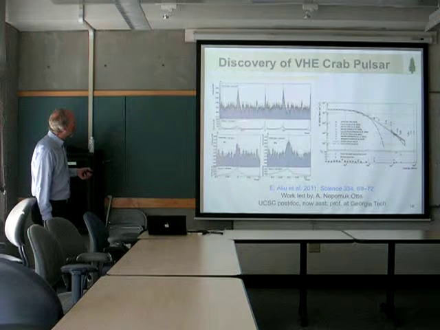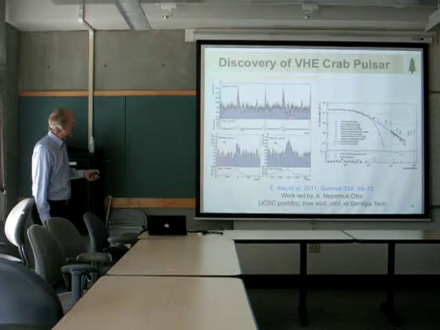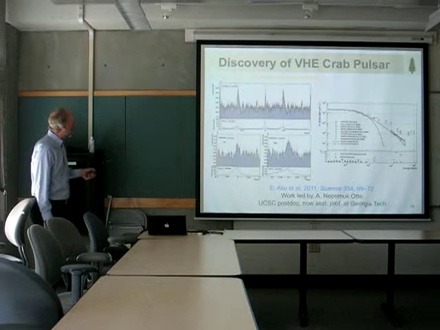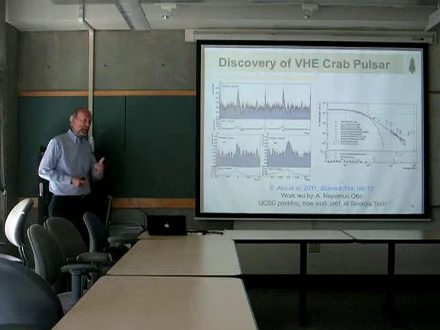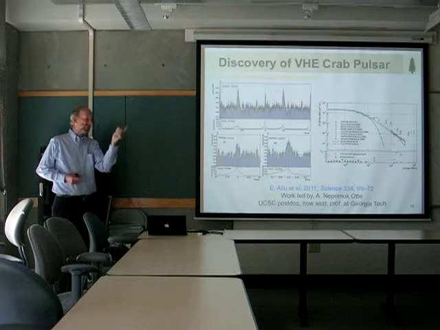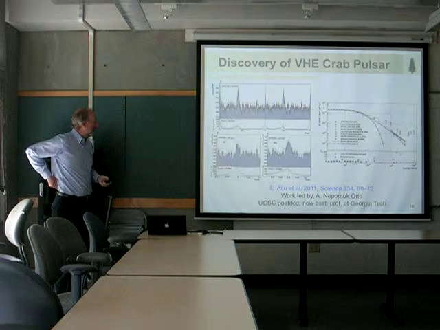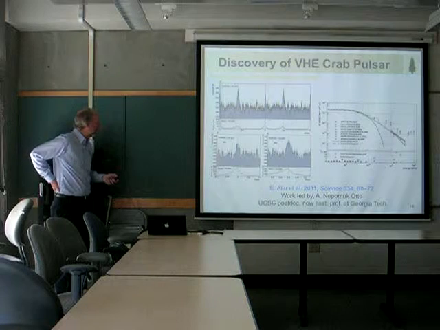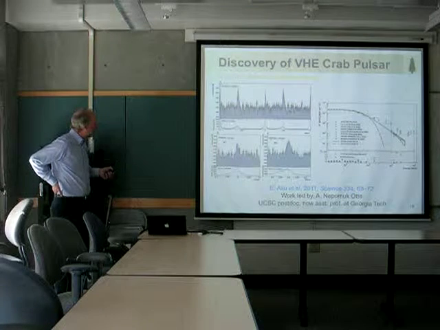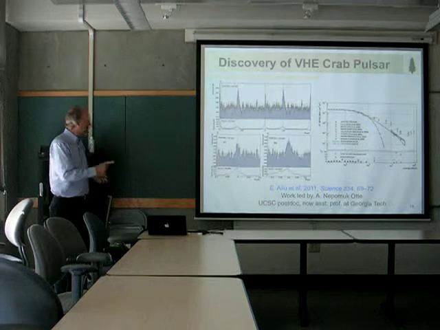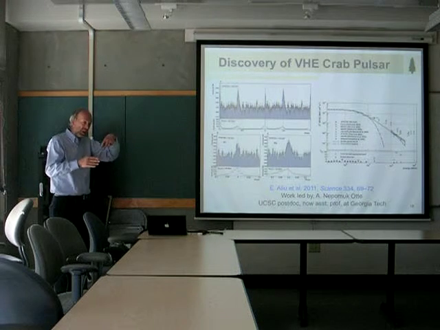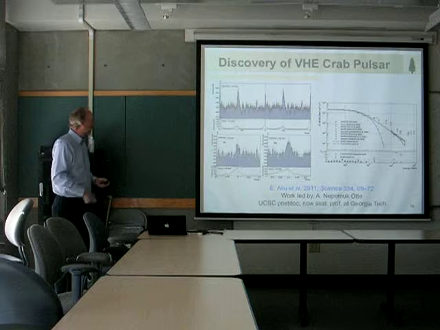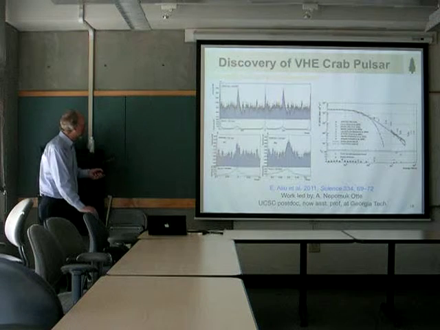And what's done here is we take the gamma rays that we see with VERITAS, and we use the information that's measured in the radio in terms of the phase and period of the pulsar spinning, and we say for each photon where in the phase of that rotation the photon was detected by VERITAS.